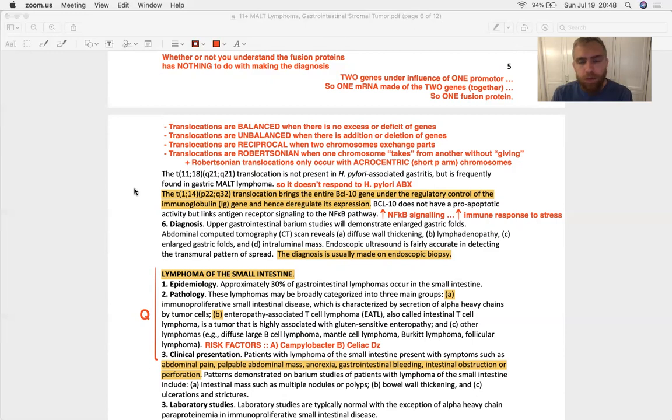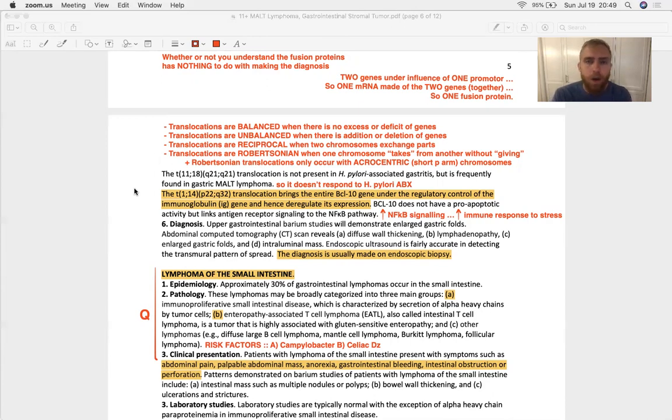There's no surplus or deficit of net genetic material. Translocations are unbalanced whenever we gain or lose genetic material. So possibly a duplication, right, of a gene, or maybe a deletion of a gene whenever part of chromosome A goes to chromosome B. That's an unbalanced translocation.